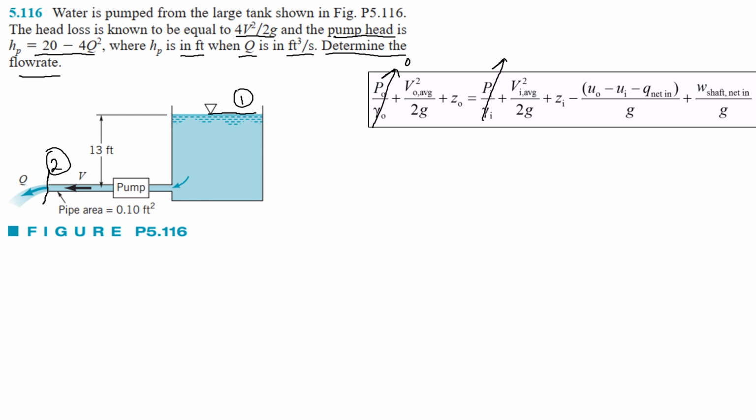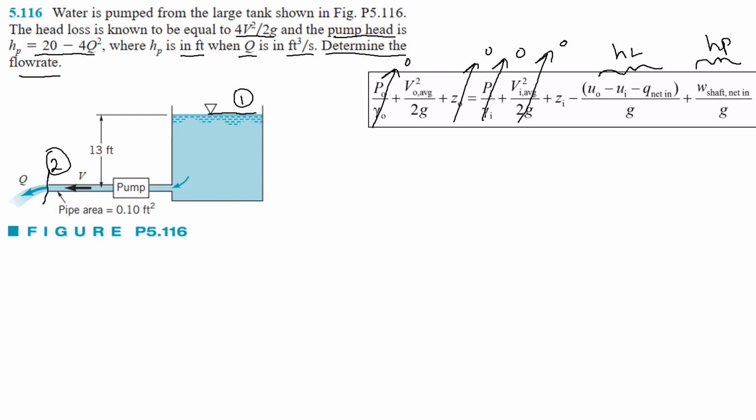So let's cancel out these terms. At section 1 we will have velocity equal to 0. At section 2 our height will become 0. These are the losses, these are the head losses. So this will be represented as HL, and this is the pump head.